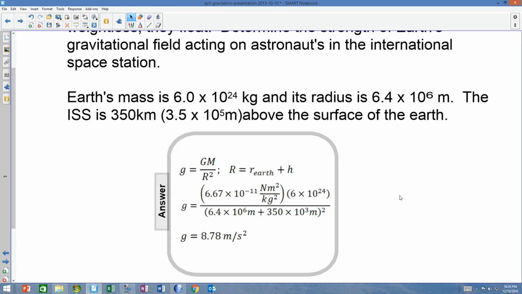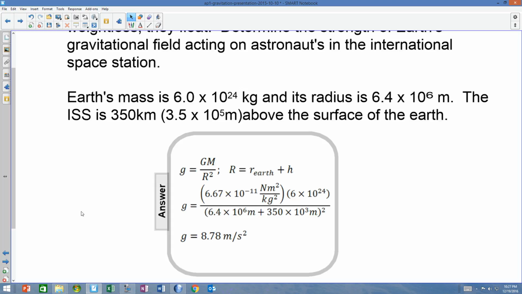So the acceleration is 8.78, but they're moving tangent to that path. So they're free falling toward the Earth, but they're also moving tangent to the Earth's surface. And that makes it appear weightless.